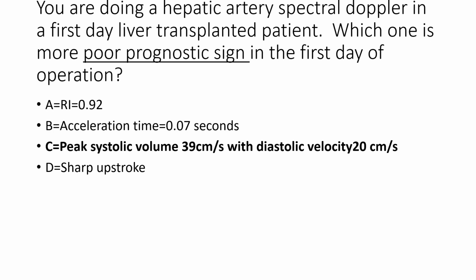If the resistive index is less than 0.5, it is a disaster. Tardus parvus is not with a sharp upstroke, it is a slow going up. So B is normal, A is high but transient in the first day, and D is transient, and we should repeat it again. So maybe the question is different, and we should know all of them.